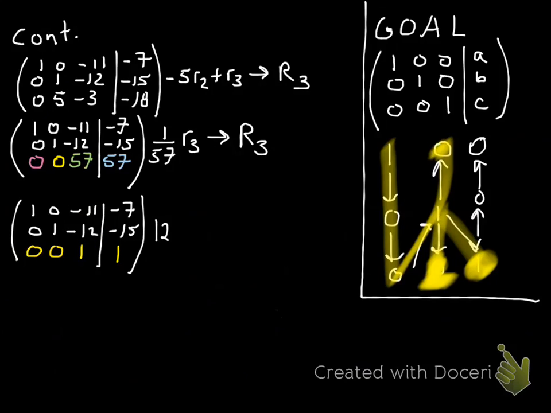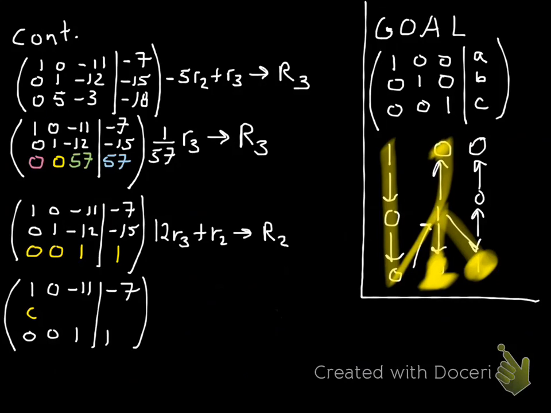So if I add 12 times row 3 to row 2, that'll get rid of the 12 there. So top and bottom row are unchanged. When I multiply row 3 by 12, the two zeros aren't going to change anything above.